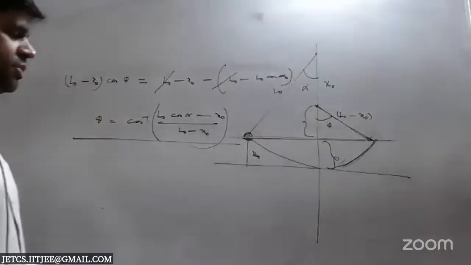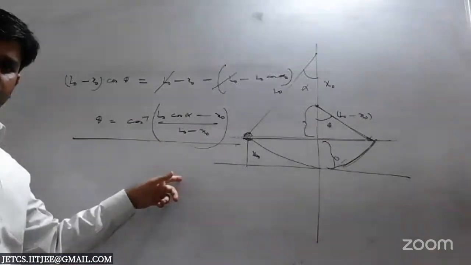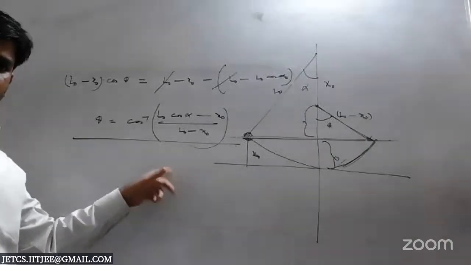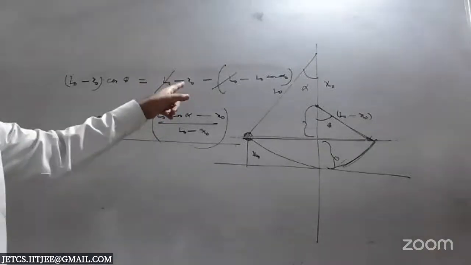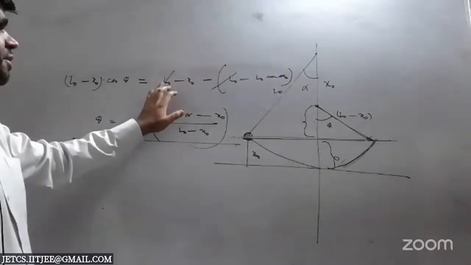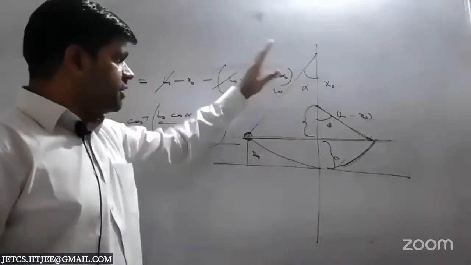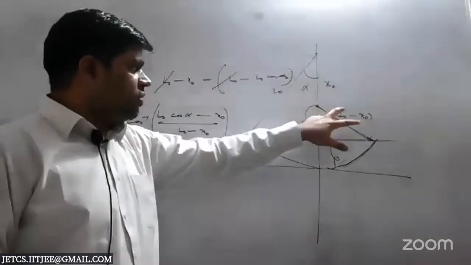All right, students, that's it. Have you understood this question? Yes, sir. I committed a mistake initially, so ignore that equation. I have rewritten it. L naught minus x naught cos theta is this much. I have to equate this side and this side. This side is L naught minus x naught cos theta.